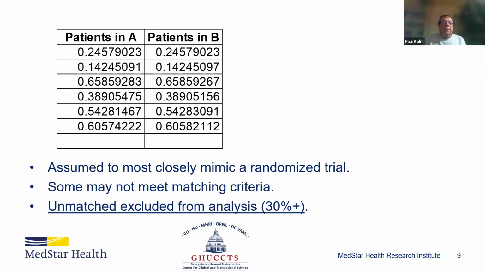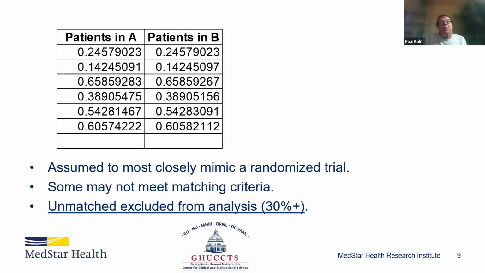And so what you will need to do is to set how close you want to match. And obviously, the closer the score between the 2 patients, the greater the match.